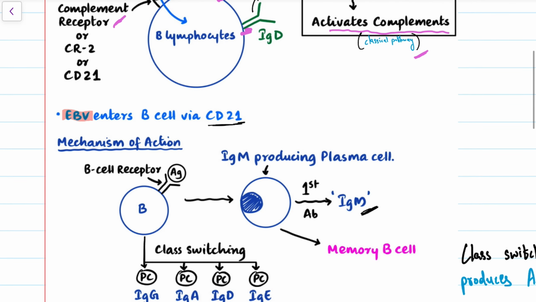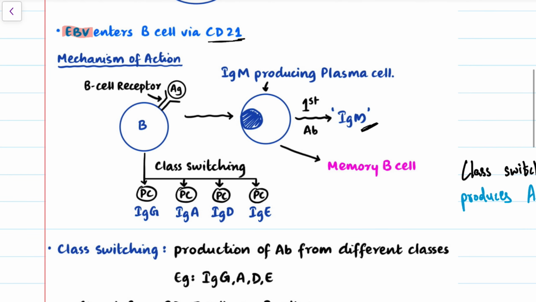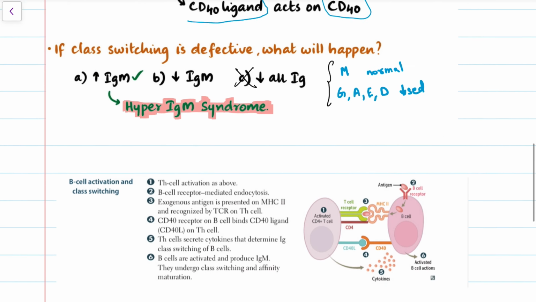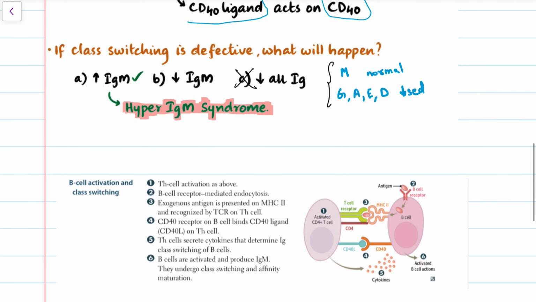Okay, so how does a B cell actually work? Let's see. For a B cell to work, the main thing is that the antigen has to combine with the B cell receptor. This receptor may be an immunoglobulin or any other MHC receptor also.